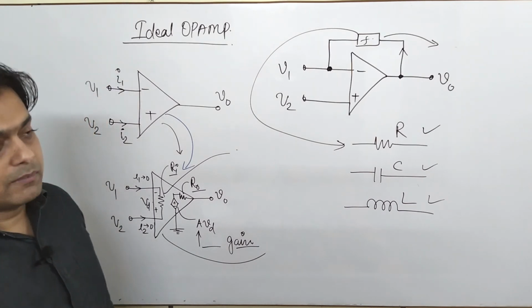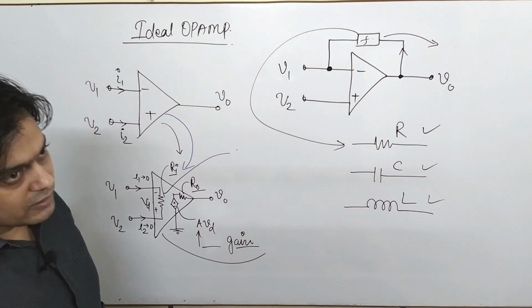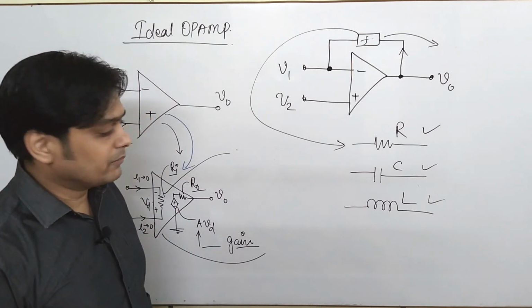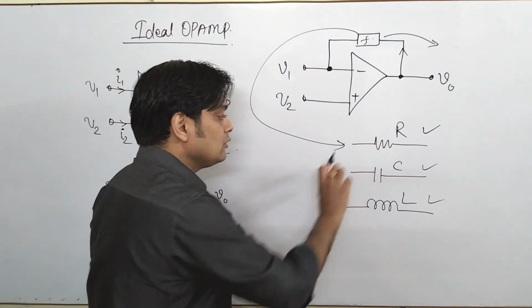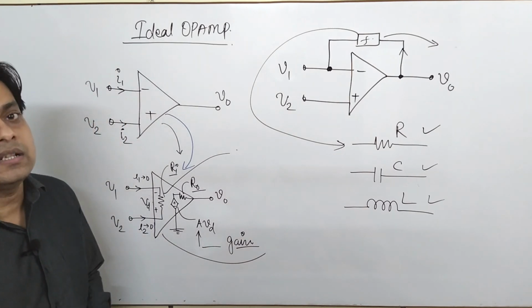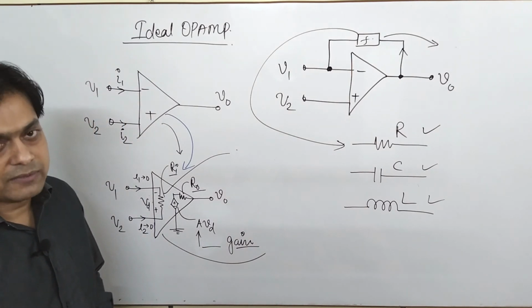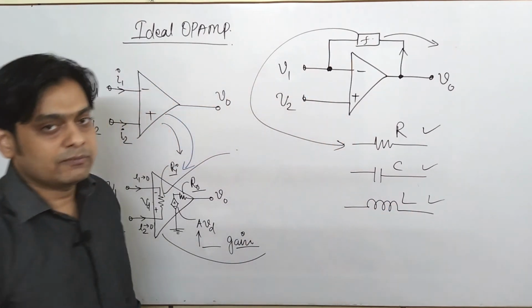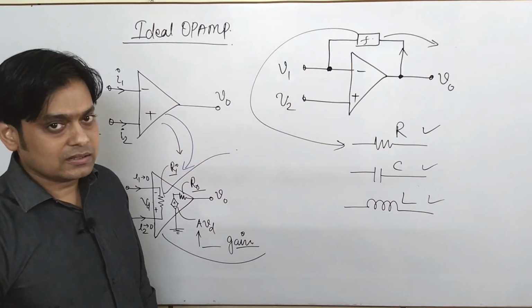It also performs summing operation, acts like a differentiator, instrumentation amplifier, follower. There are a lot of applications of operational amplifier. When you use C, it acts as an integrator as well as a differentiator in different manners. Similarly, when you use L, it also acts in a differentiator as well as an integration manner.